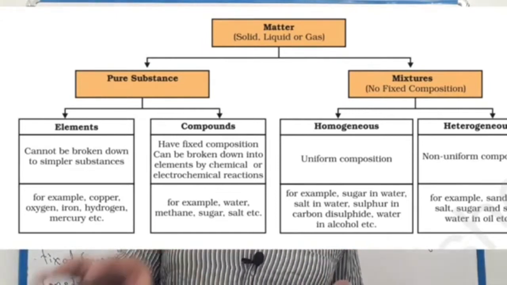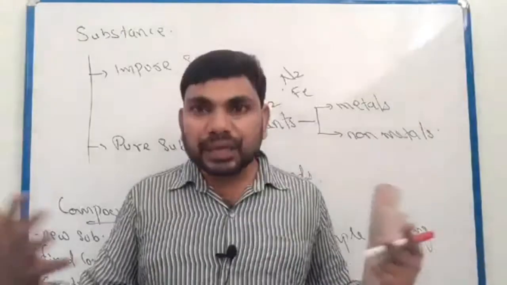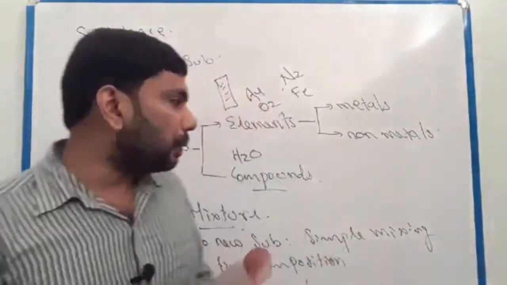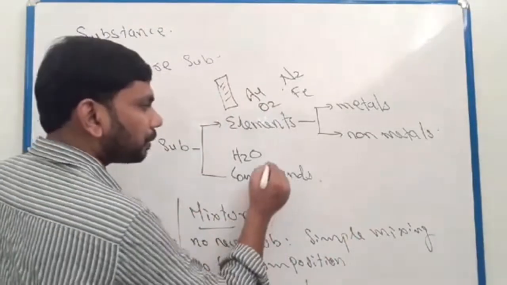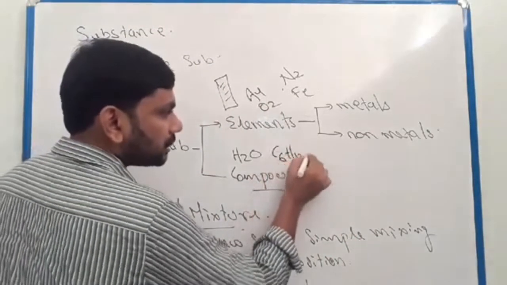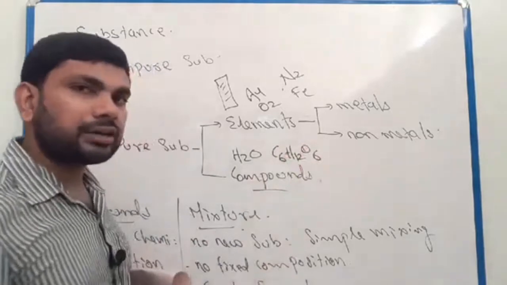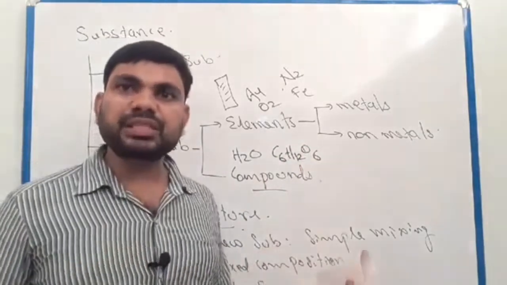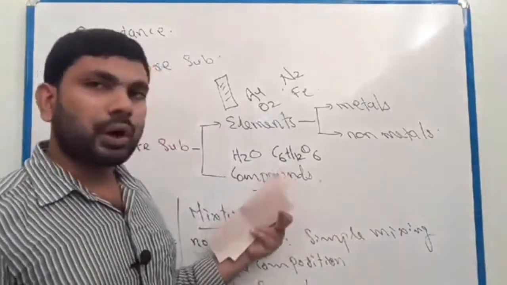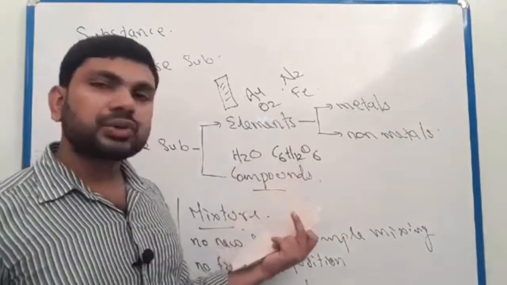Compound means two or more different atoms chemically joined together. H2O is a compound. Glucose, C6H12O6, carbon, hydrogen, oxygen, different atoms chemically joined together, is a compound.